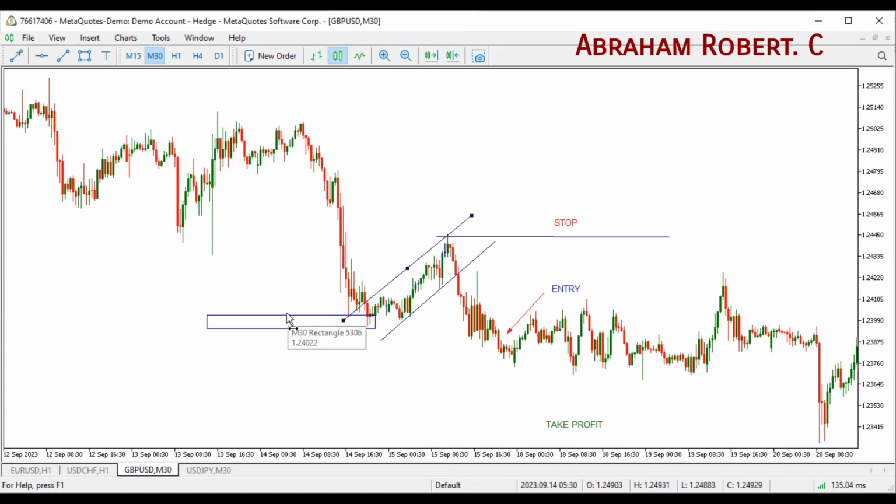Following the law of structure, this is the break. After we see a break, we wait for a retest. This is a level of price action. This is a retest. Why I wouldn't enter from this candle, this is another reason. If you check, there is a horizontal structure around this level.